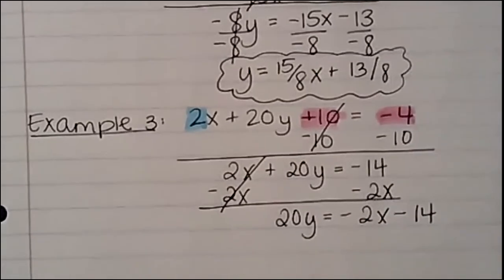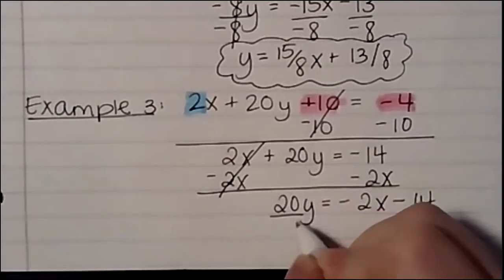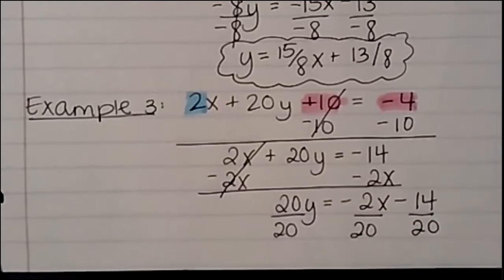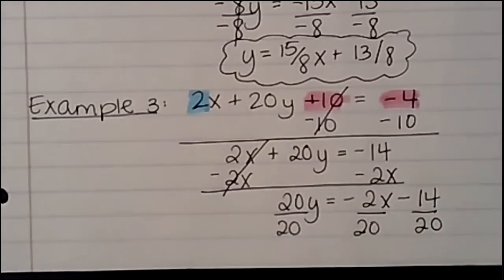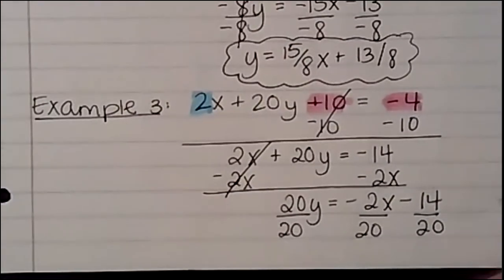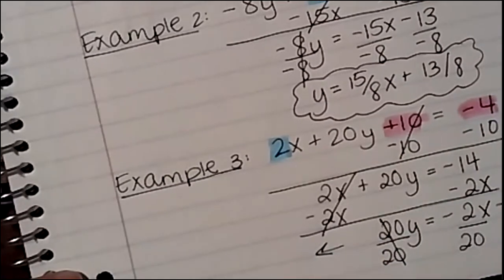Okay? And because my y is not alone, it is not simplified, so I have to divide every single thing by 20. Now this example is a little bit different. I don't get improper fractions like I did in 1 and 2. I'm going to be able to simplify my fractions in this example. So that 20 cancels. I'm going to go this way since I ran out of space.